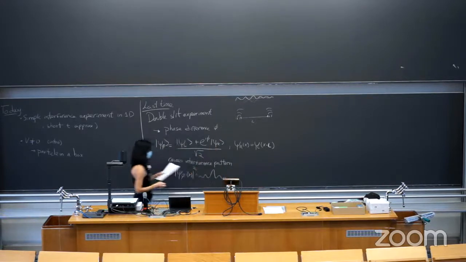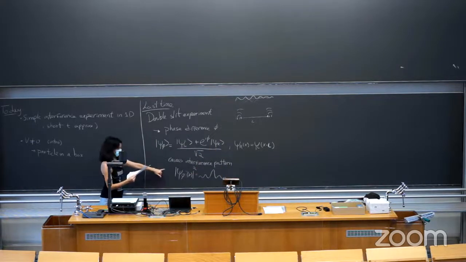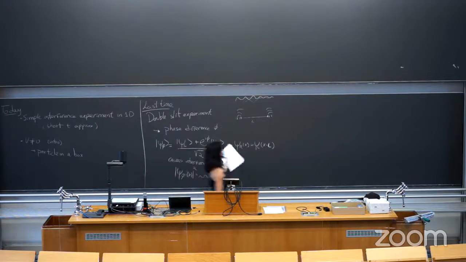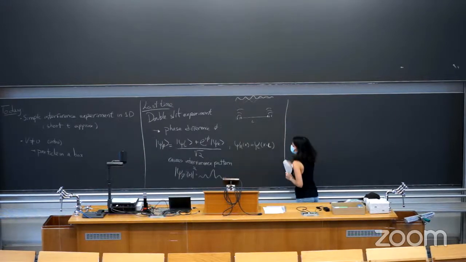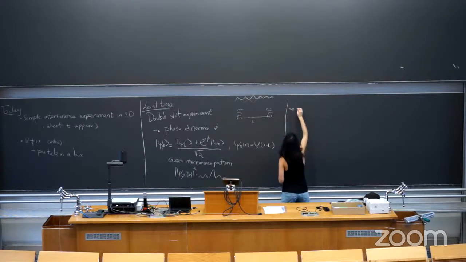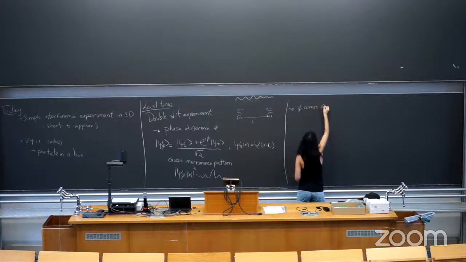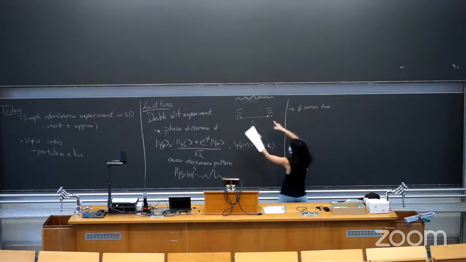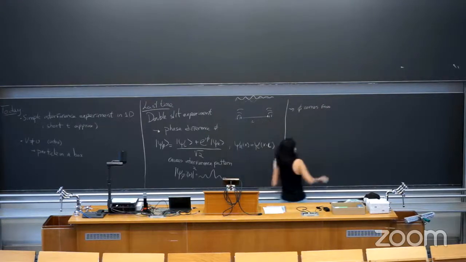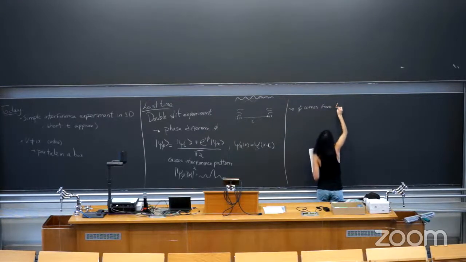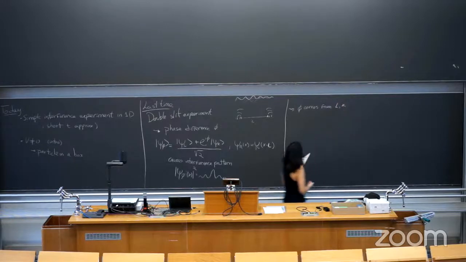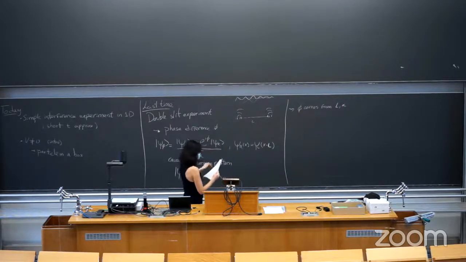And where did this phase difference come from? It came from the distance between the two slits compared to K. Right? This we derived rigorously. What we did not derive was exactly this thing here.